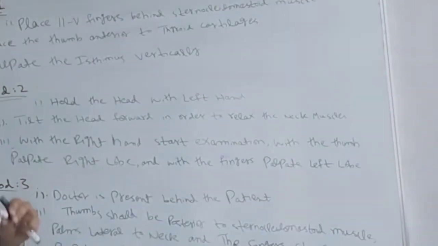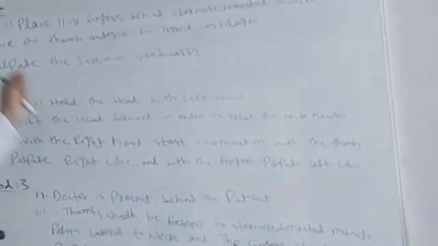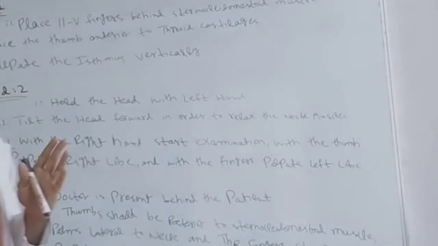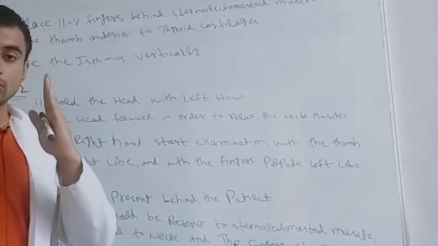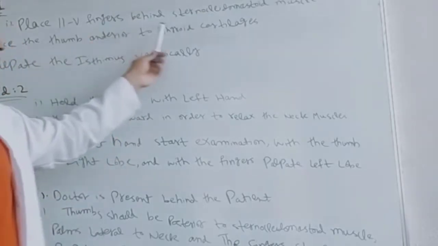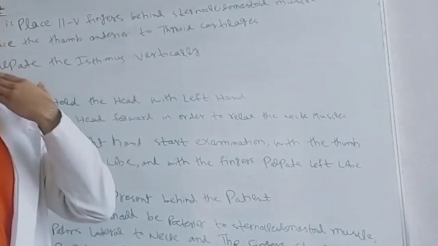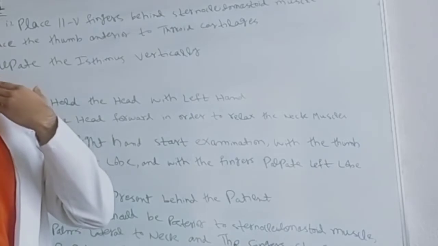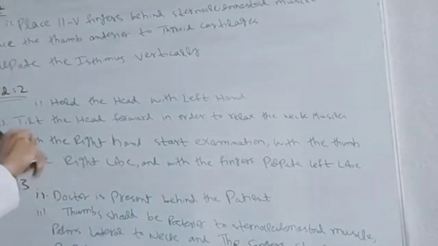Now I will explain the three methods of palpation of the thyroid gland. In method one, we place the 2nd to 5th fingers behind the posterior surface of the sternocleidomastoid muscle, which is at the lateral portion of the neck.